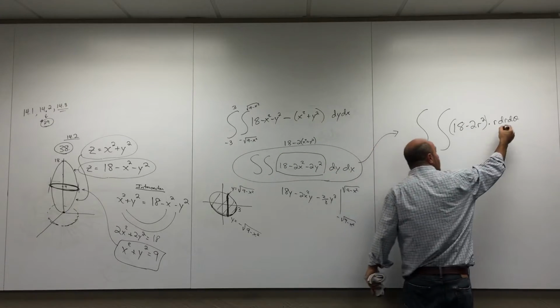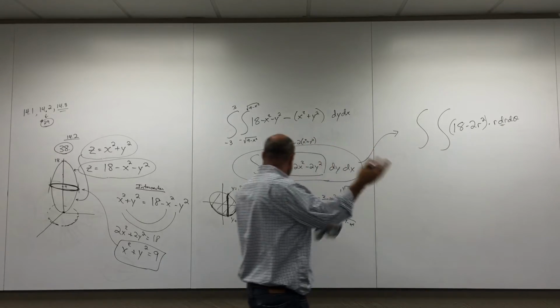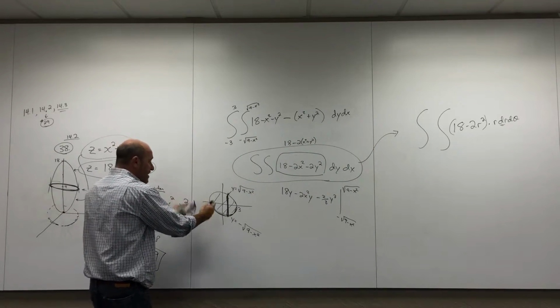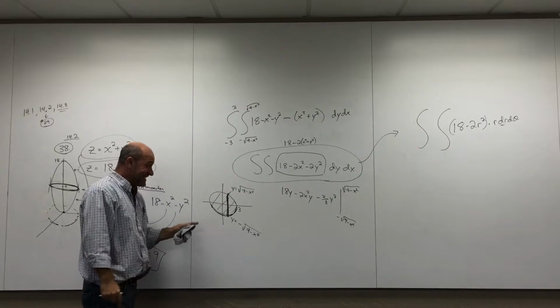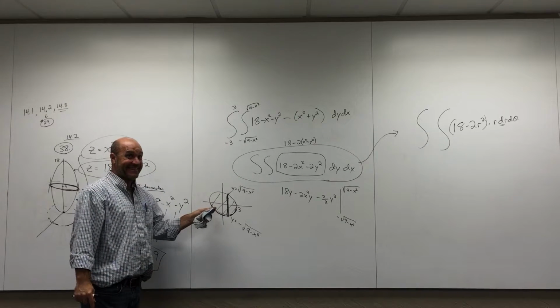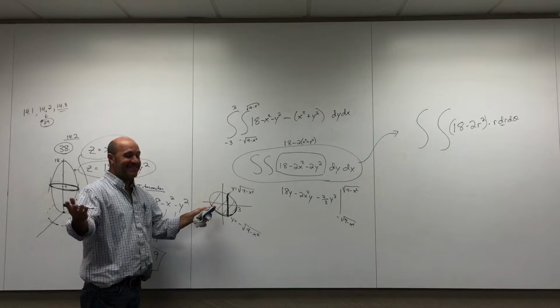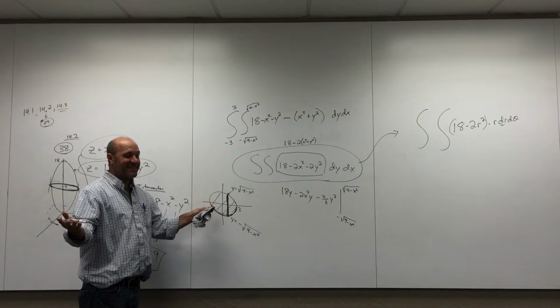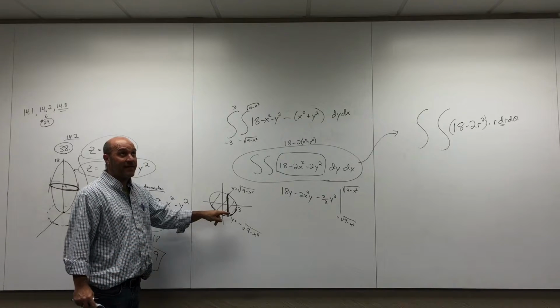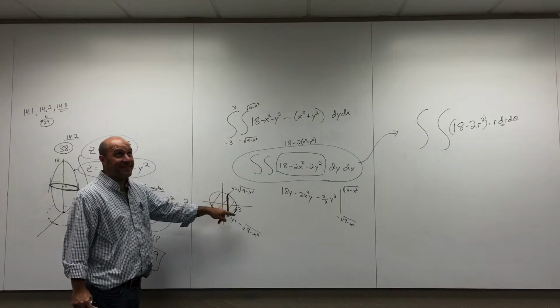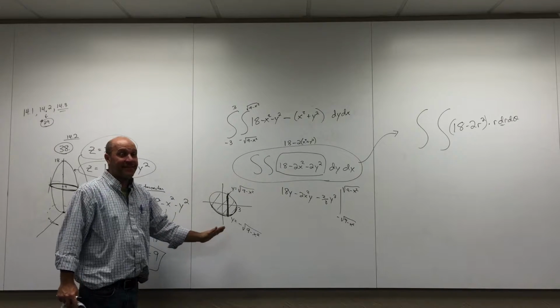Okay, cool. Now I need bounds for r. Where's my region? Oh, here's my region. Forget about the y's and x's. Bounds for r are so easy. It's 0 to 3. Bounds for theta? 0 to 2 pi.